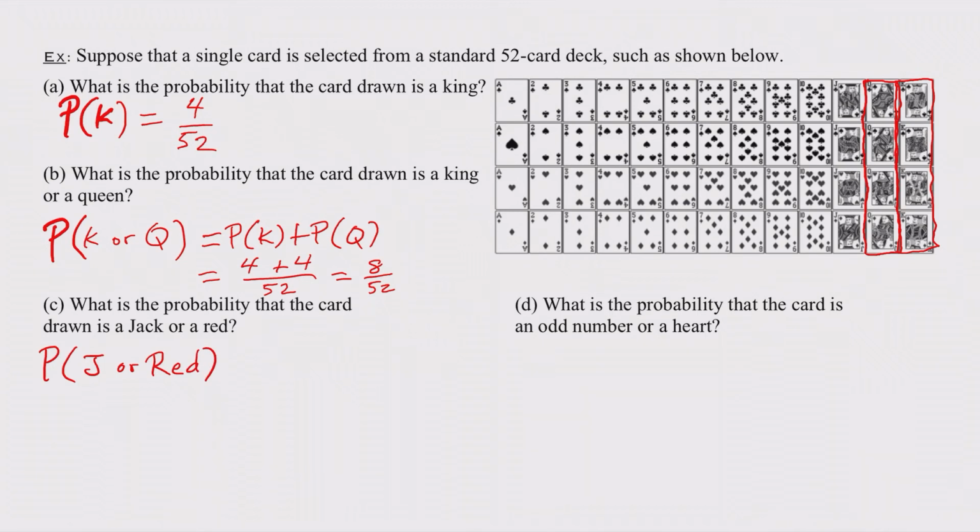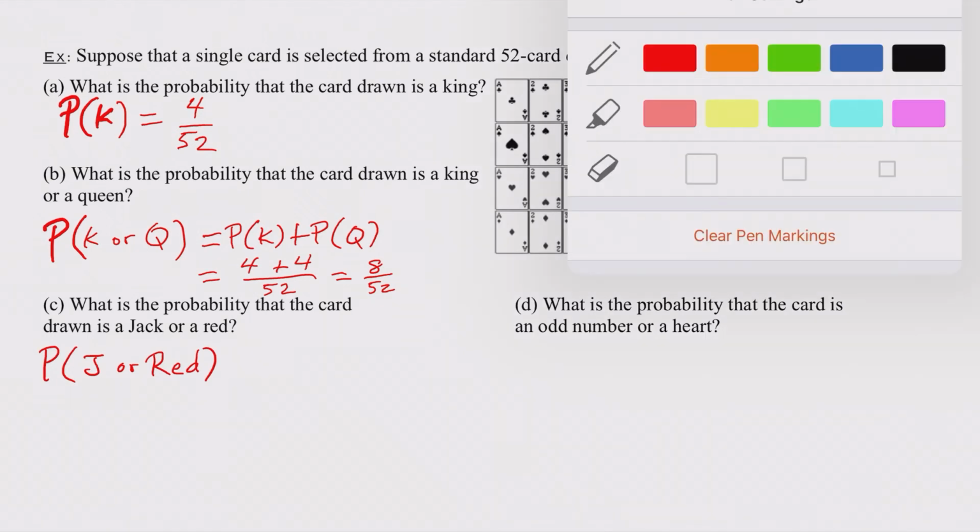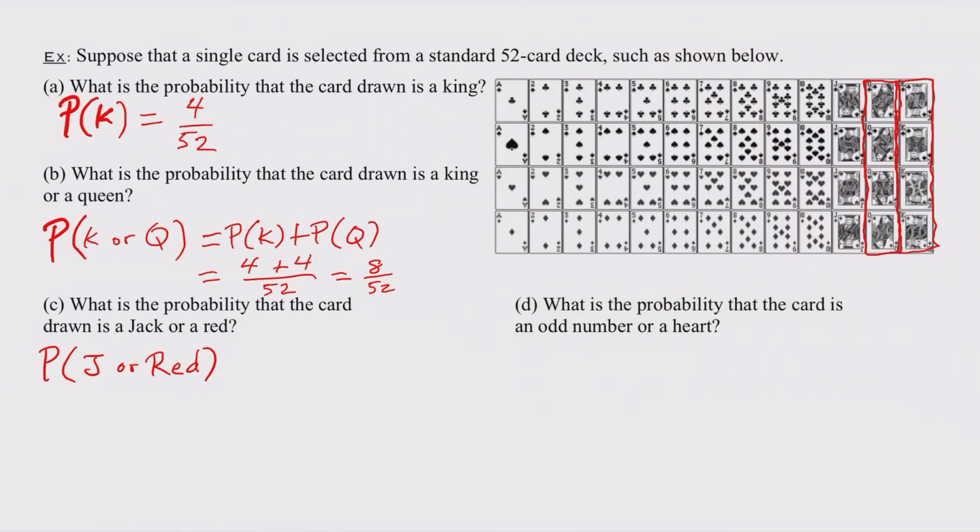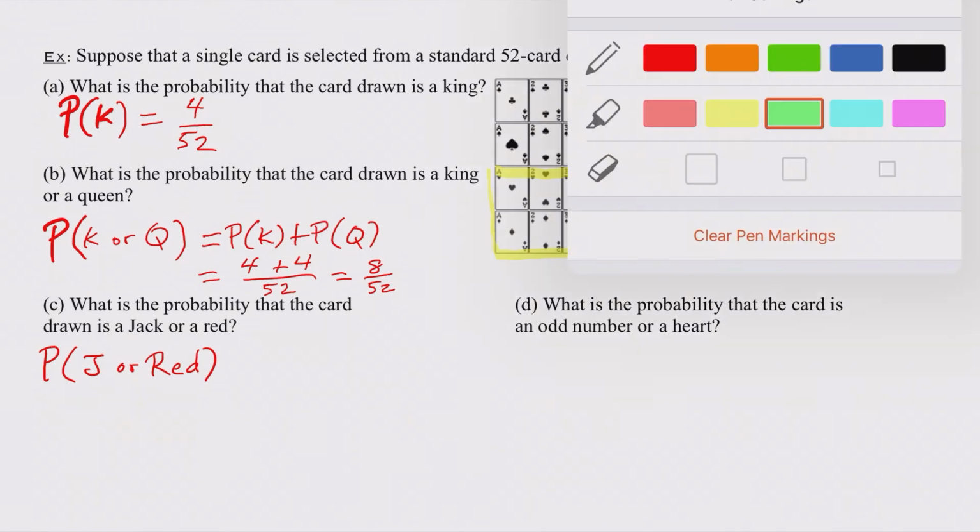So if I'm to use my addition rule, the probability of jack or red will be the probability of a jack plus the probability of a red minus the probability of a card that is both jack and red. We see there are these 2 cards that are both jack and red. So we'll have 4 jacks in the deck.